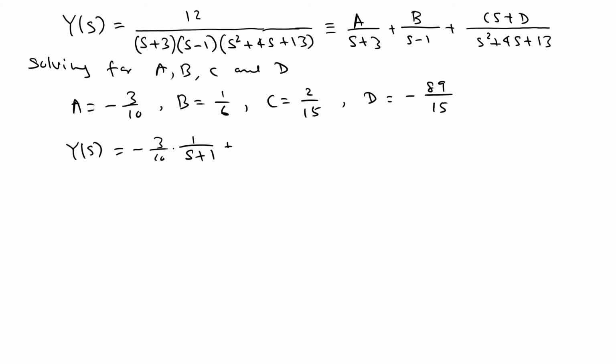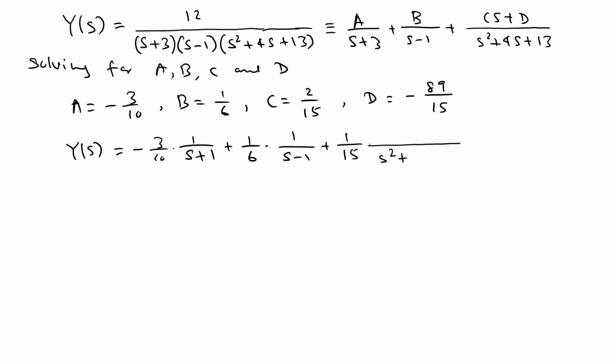and then plus 1 over 6 times 1 over s minus 1, and then what we have, you can see 2 over 15, 89 over 15, so I'm going to take 1 over 15 out, and then the rest is 2s minus 89 over s squared plus 4s plus 13.